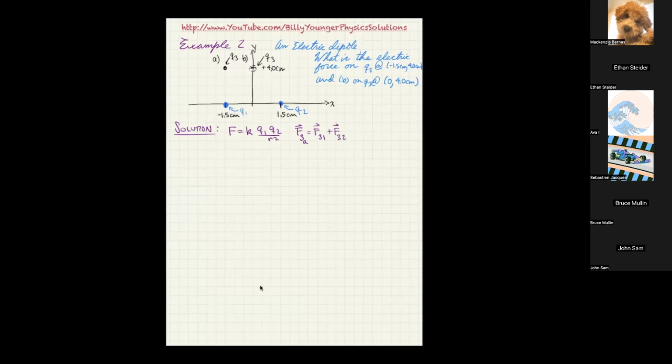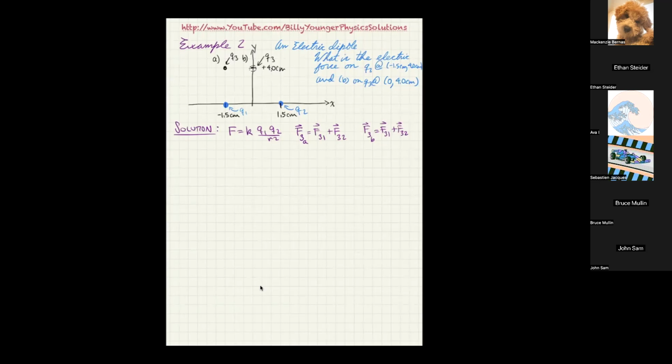And similarly, F3 sub B is also F3(1) plus F3(2). But notice the difference in both cases is the fact that Q3 is in a different place.